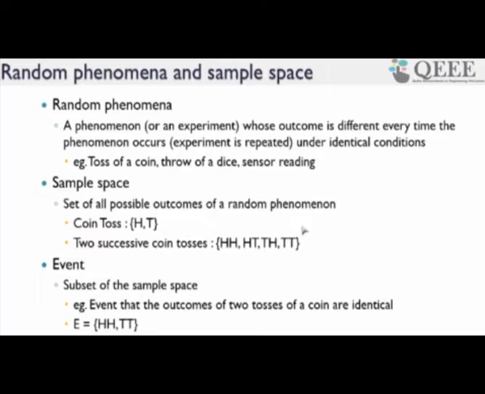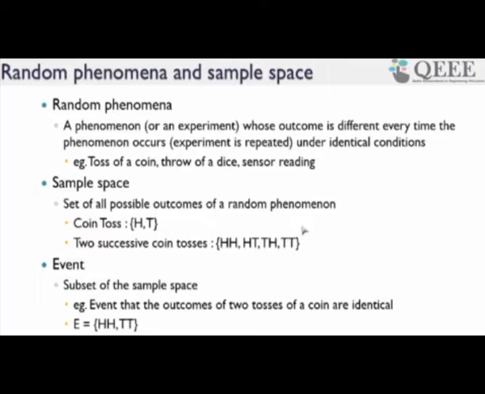Suppose you were to flip the coin twice and ask what the possibilities are. In this case the sample space becomes bigger, where you could have head head, head tail, tail head and tail tail. So there are 4 possible scenarios here. An event is a subset of the sample space.